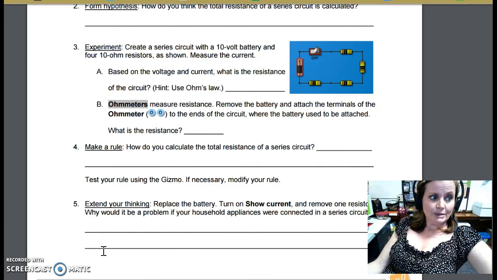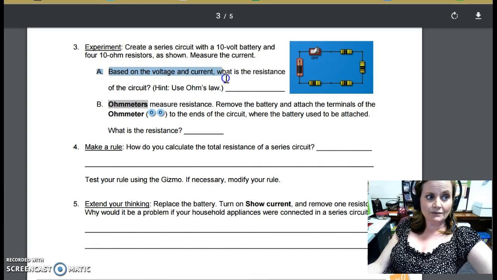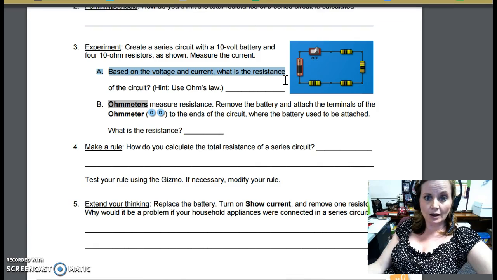And then it says make a rule. How can you calculate the total resistance of a series circuit? Okay? So this first one, based on voltage and current, what's the resistance? Ohm's law, remember? Ohm's law.